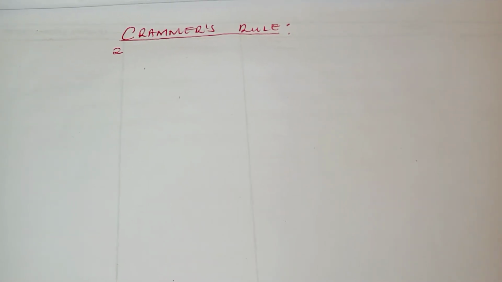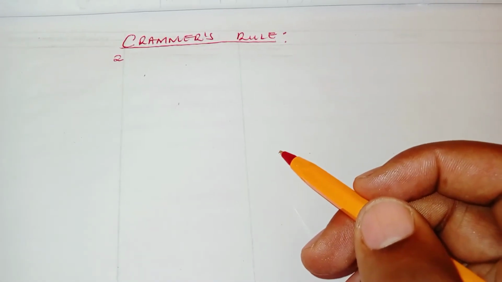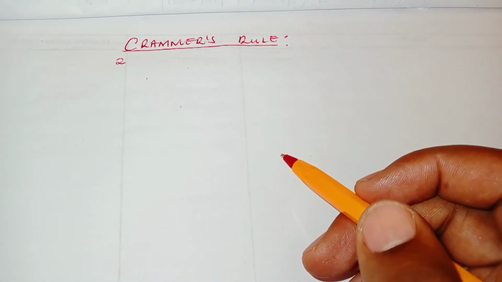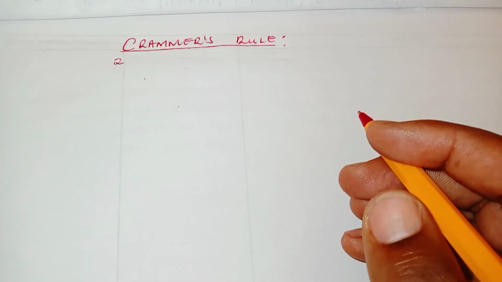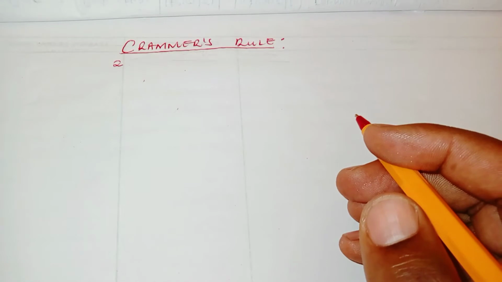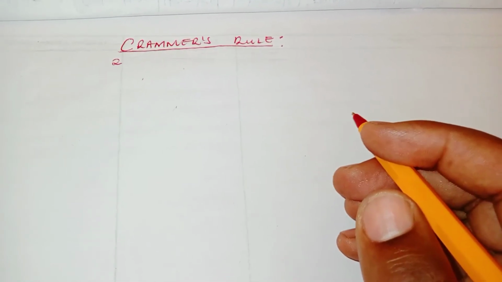In linear algebra, Cramer's rule is an explicit formula for the solution of a system of linear equations with as many equations as unknowns. It's valid whenever the system of equations has a unique solution.